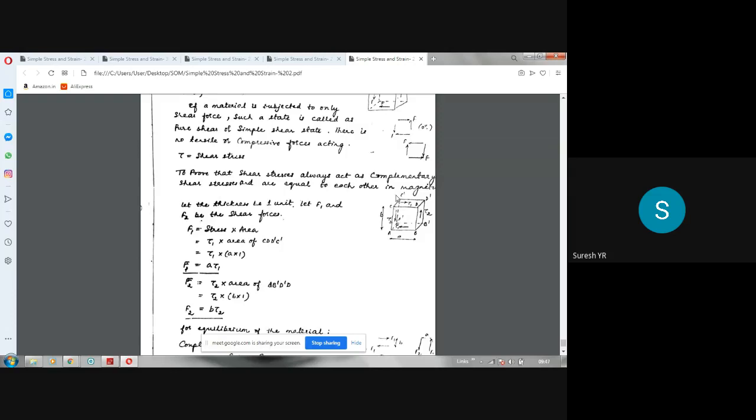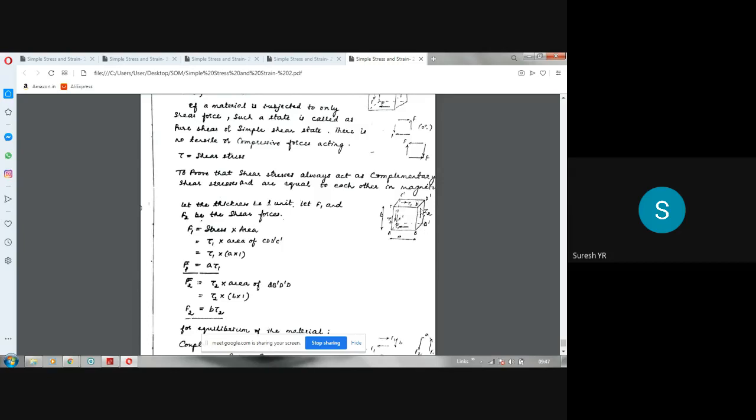Since I have taken thickness as 1, this is A, so the area will be A into 1. So F1 will be equal to A into tau 1. So the shear force acting here will be A into tau 1.